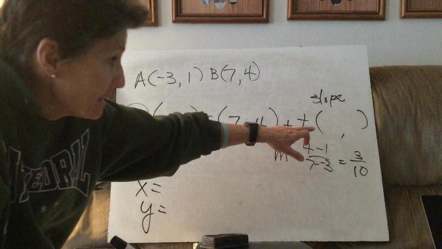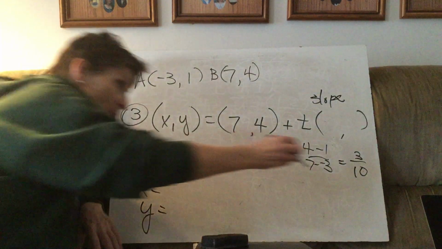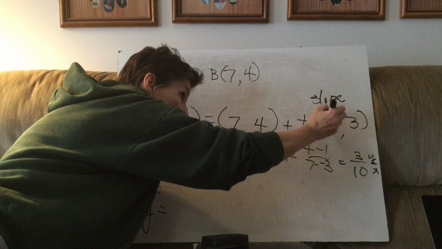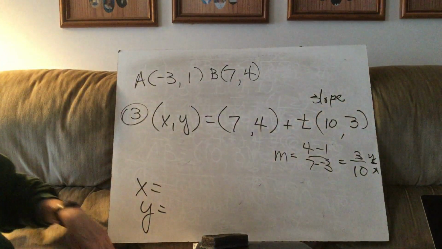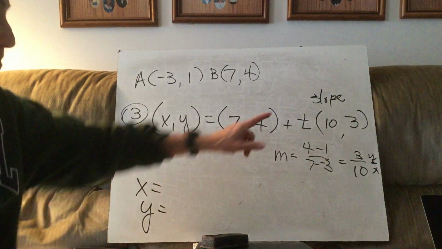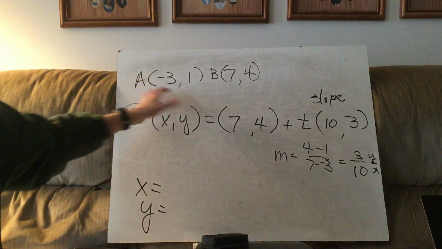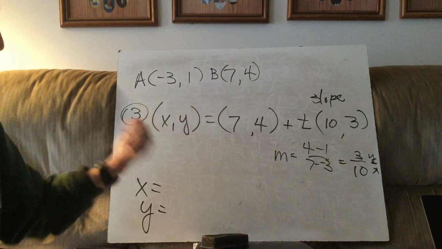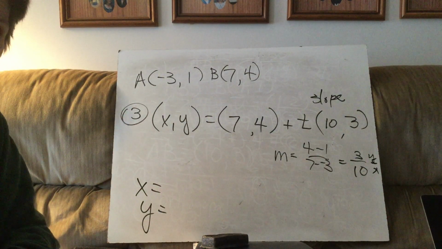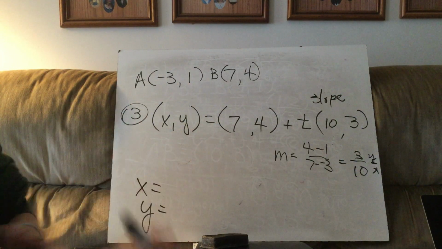Now, when you fill it into that parentheses, remember, this is y over x. So y goes here and x goes here. Does that look familiar? Heck yeah, that's the direction vector for AB. That's what we got in problem number 1. The direction vector and the slope are the same thing. You just have to make sure you know which one's x and which one's y.